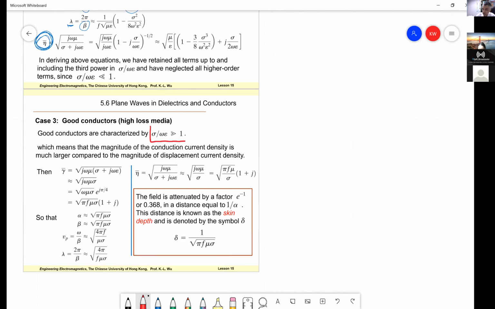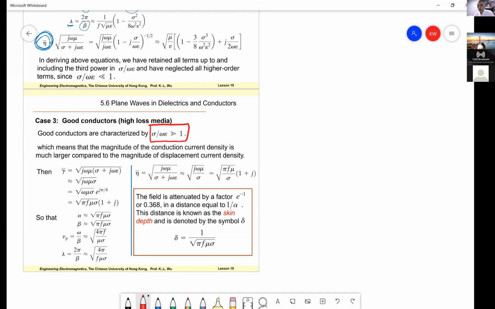If a question is given to you, telling you the frequency and the conductivity, and lets you judge in what case the medium is low loss or high loss, then you should take the appropriate way to deal with that.